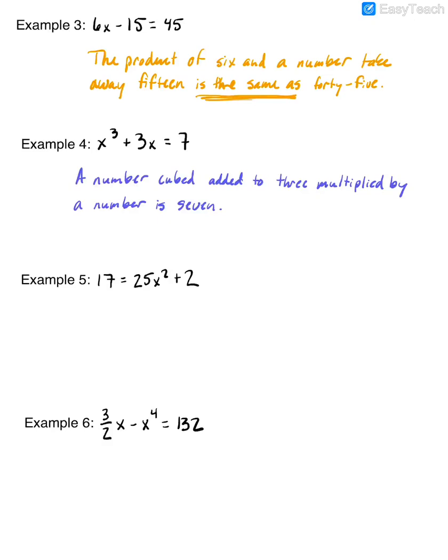Okay, so example 5. We have 17 equals 25x squared plus 2.